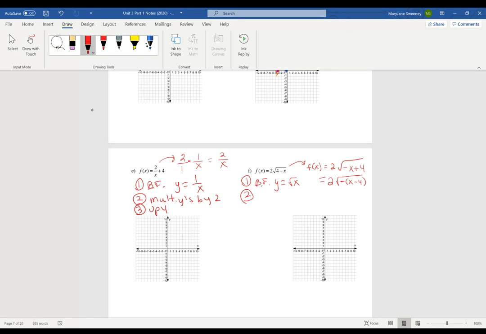So now underneath the square root, that negative tells me reflect over the y-axis, which always has to get done first. Then it's a right 4, which I would not have known if I didn't factor that negative out. I would have thought it's a left 4. And then finally, a multiply y's by 2.